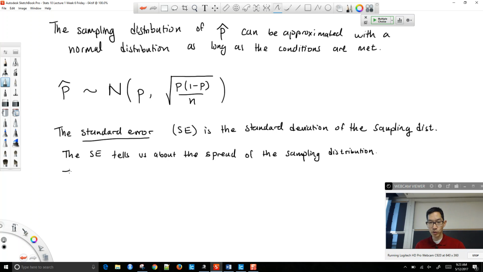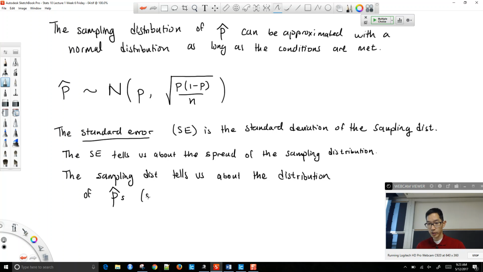So the sampling distribution tells us about the relationship, or I guess about the distribution of p hats, being the sample statistics, around the population parameter p.